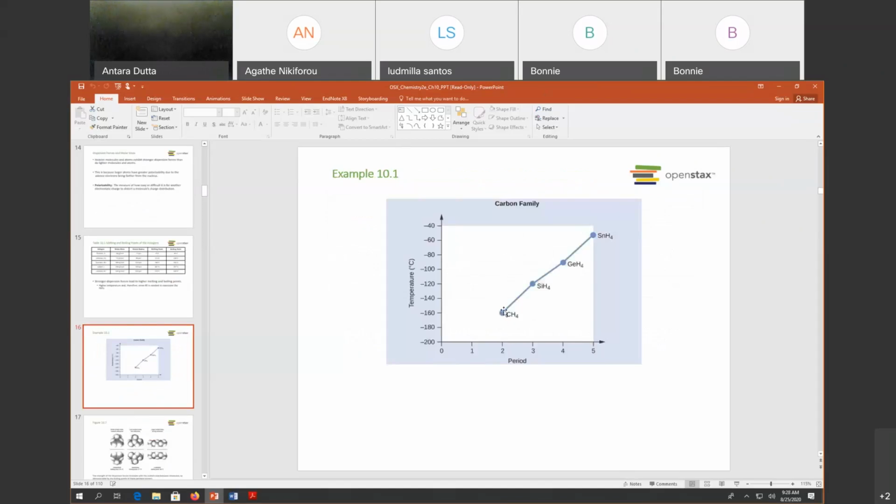See, this is CH4, SiH4, GeH4, SnH4. These are all group 4 elements with hydride. And since the molar mass is increasing, from carbon to silicon to germanium to tin, you are getting the higher melting point or boiling point, because the only force is London dispersion among them.